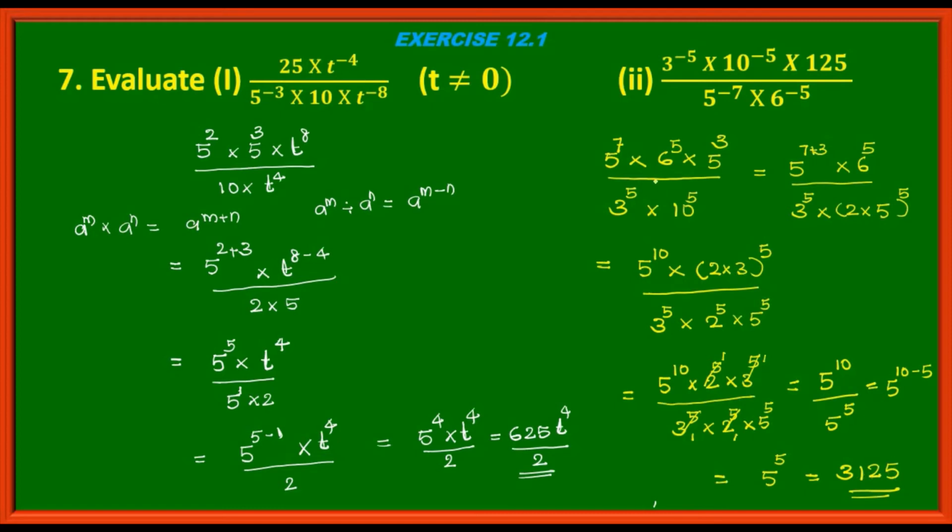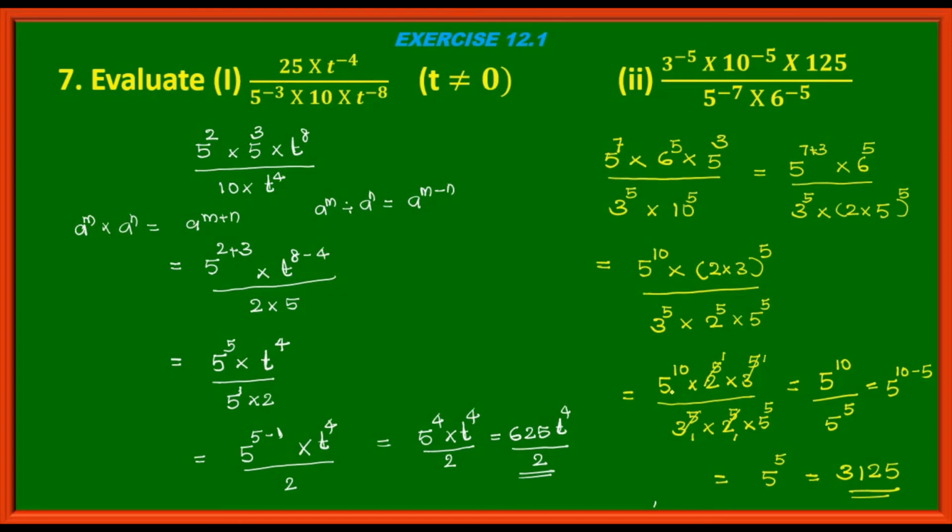Listen once again. See here, base 6 we can write as 2 into 3 whole power 5. Then here 5 raised to 10 into 2 raised to 5 into 3 raised to 5, divided by 3 raised to 5 into 2 raised to 5 into 5 raised to 5. 3 raised to 5 divided by 3 raised to 5 we cancel. 2 raised to 5 and 2 raised to 5 cancel.